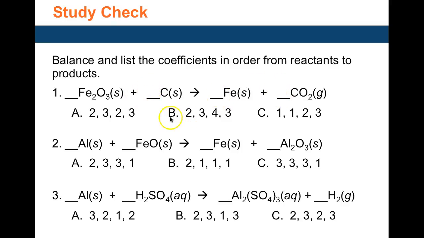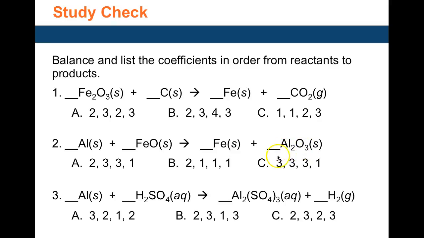All right. So B would be the best answer because 2 Fe2O3 plus 3C giving you 4 Fe and 3 CO2.